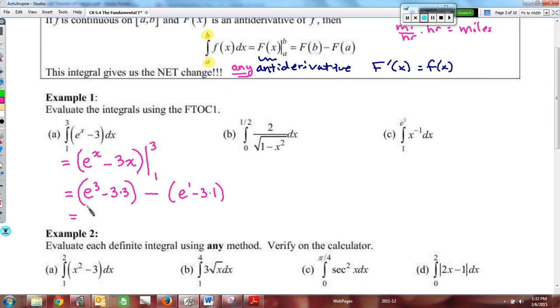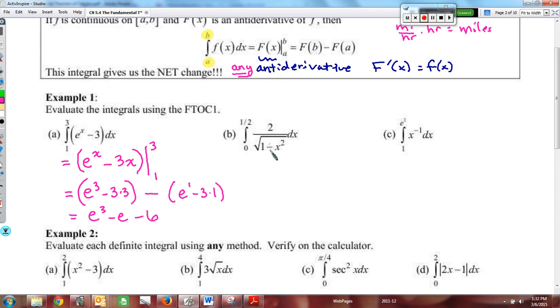We end up with e cubed minus e and then minus 9 plus 3, so minus 6. So you get a value for that. And now it becomes something fairly straightforward as long as you understand your derivative rules and your anti-differentiation, your integration rules from section 5.1.